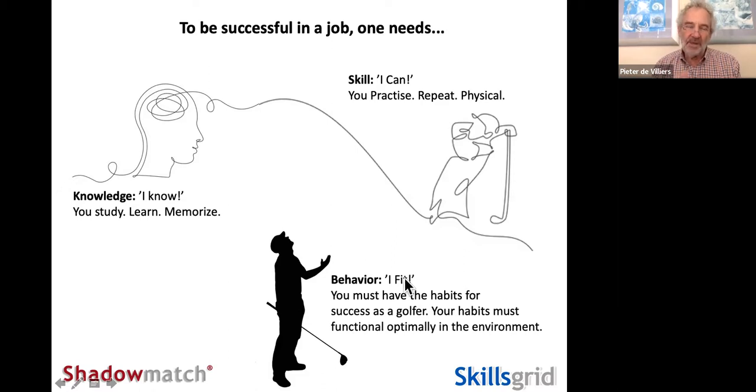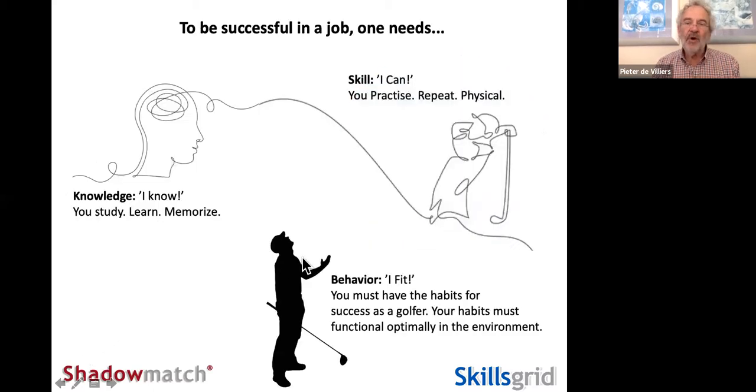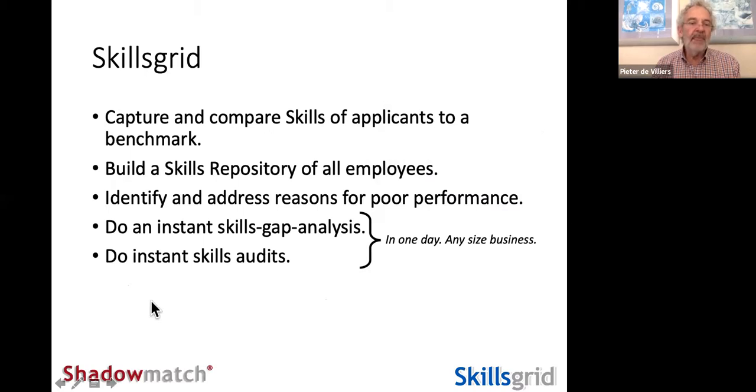But we can, with a high level of comfort, say that 70% of people fail because of this, about 20 to 25% around that, and about 5% to 10% because of knowledge. So with a skills analysis, we can identify whether the reason for poor performance is related to either their behavior or their skills, critical skills that they lack for doing the job.